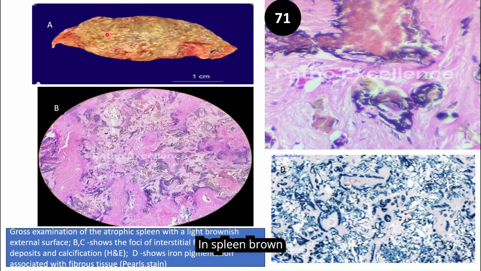In spleen, brown to grey appearance of spleen with some atrophy, and microscopically there is interstitial fibrosis with brown iron deposition and blue calcification.